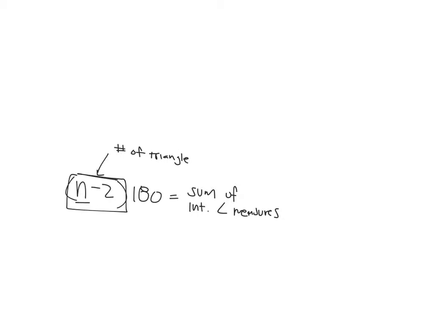Why is it important to form these triangles inside of a polygon? Why do we care about the number of triangles over there? Triangles are cool. Jonathan? Because then you can bring the interior angles. Yes, interior angles of the triangles make up the interior angles of the polygons.